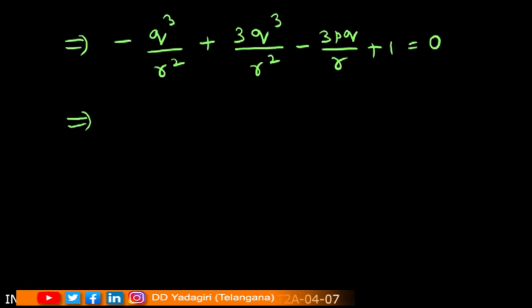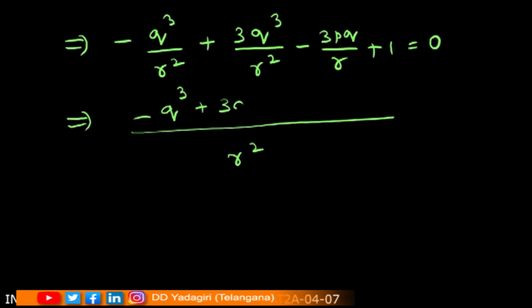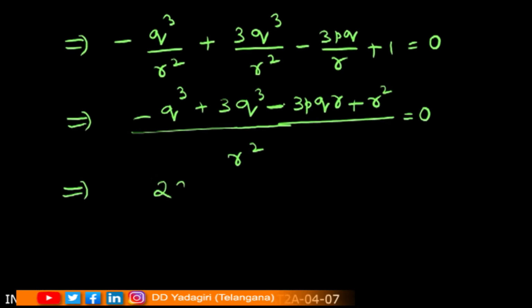What does this imply? Taking r square as LCM, minus q cube plus 3q cube minus 3pqr plus r square is equal to 0. Minus q cube plus 3q cube is 2q cube, minus 3pqr plus r square is equal to 0.